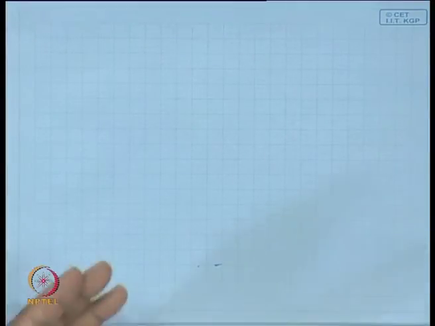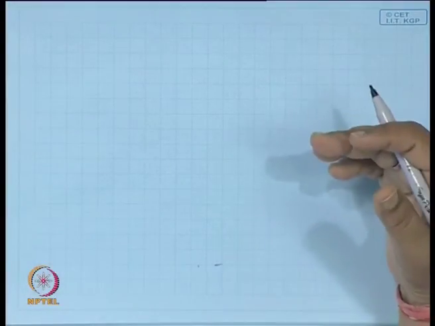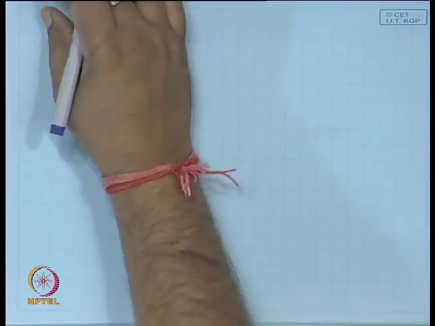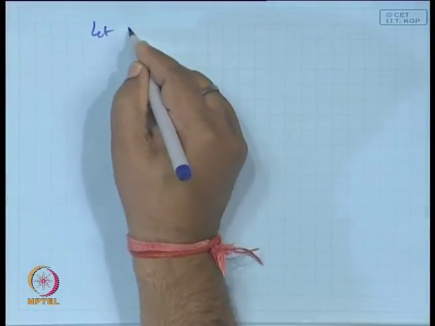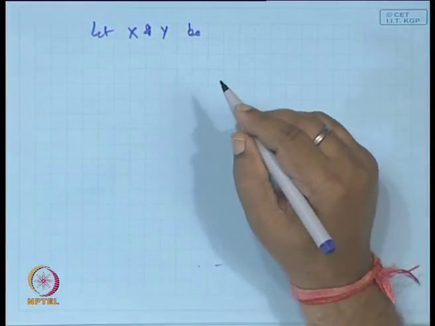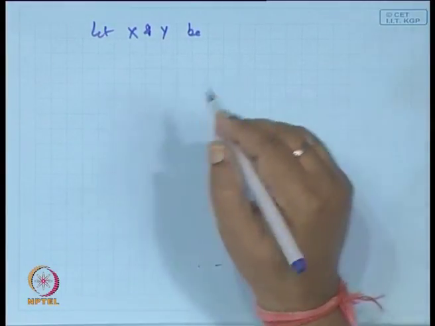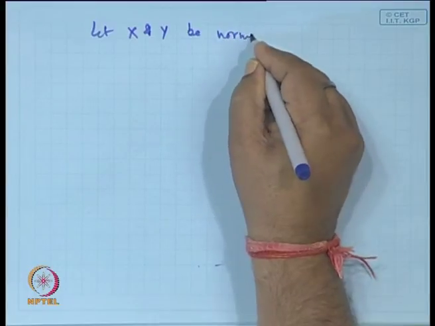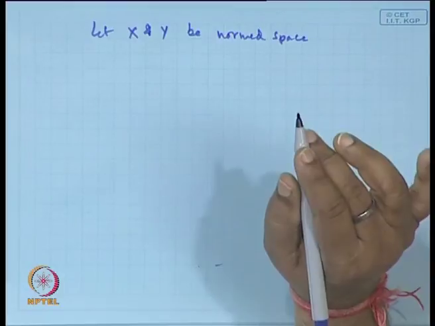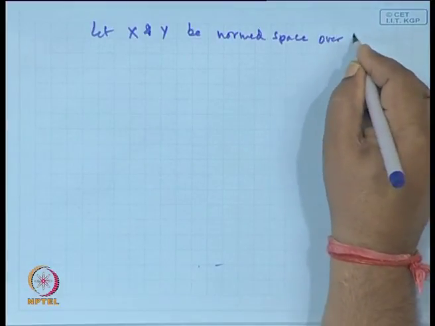Now we are switching to an arbitrary case, not necessarily finite dimensional normed spaces. So let x and y be normed spaces, need not be finite dimensional, over the same field.